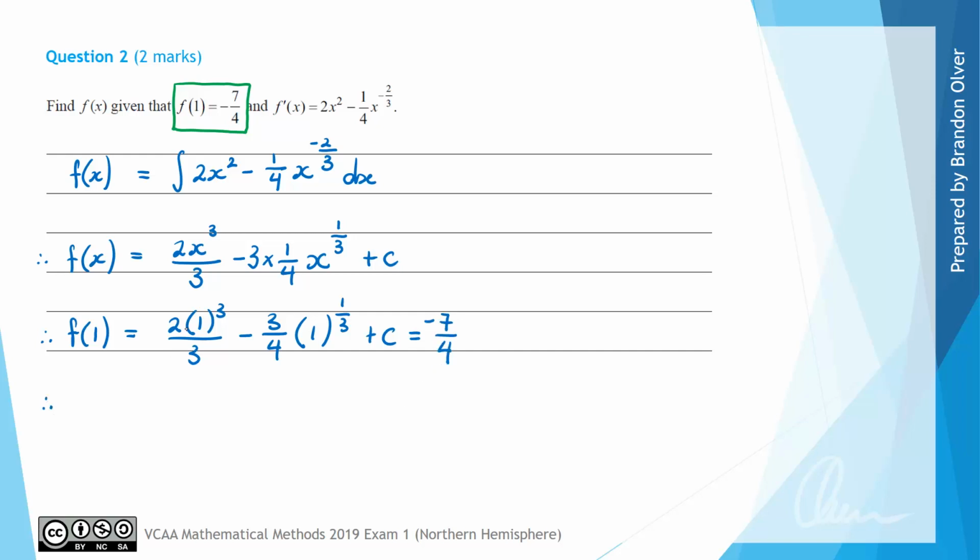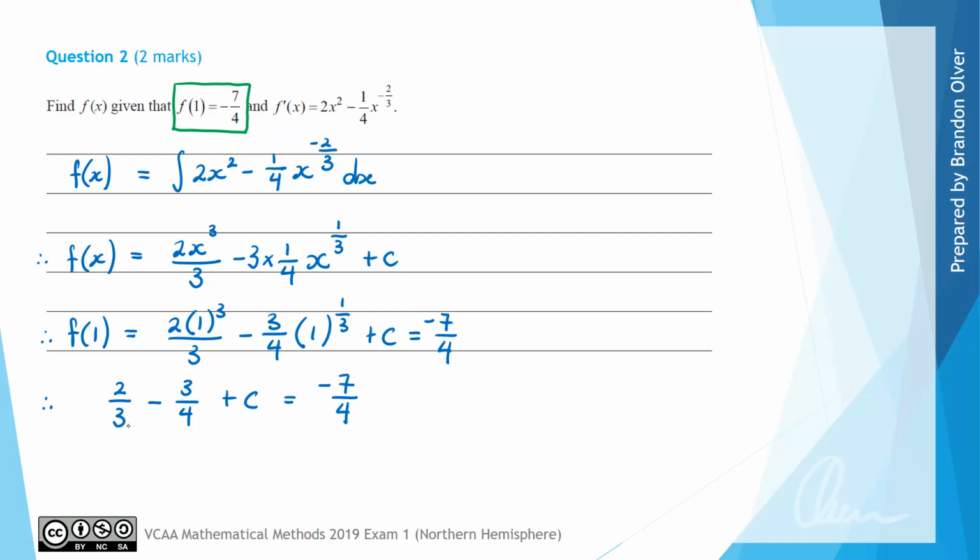Therefore, we find 2 times 1 cubed over 3 is just 2/3, minus, and then we have 3 over 4 times 1 to the power of a third, and 1 to the power of any power is still going to be 1, so we have minus 3 over 4, plus some value is equal to minus 7 over 4.